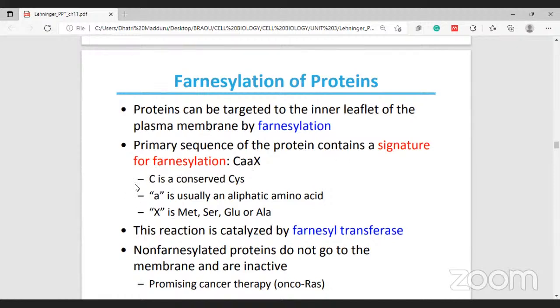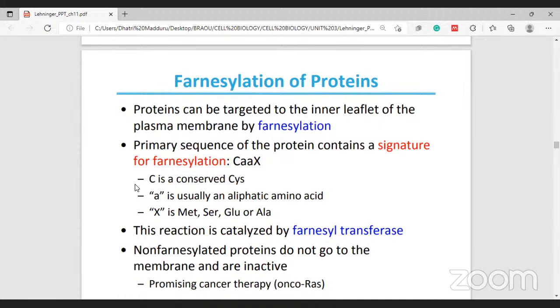If that particular signature, that 4 amino acid small region, is there, then the protein can undergo farnesylation. Farnesylation is catalyzed by the farnesyl transferase.